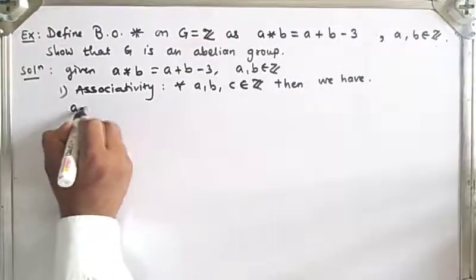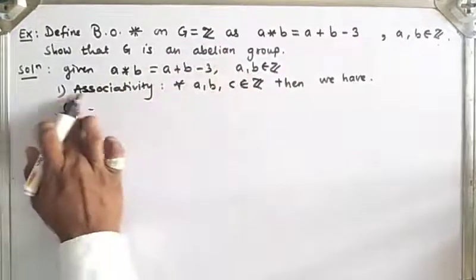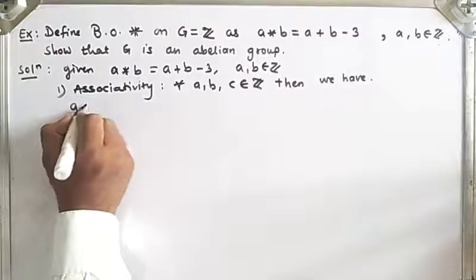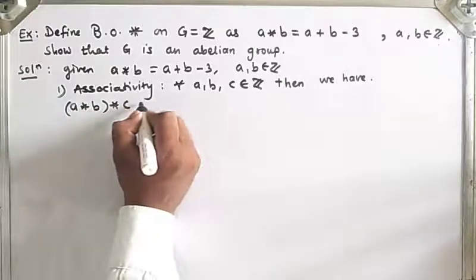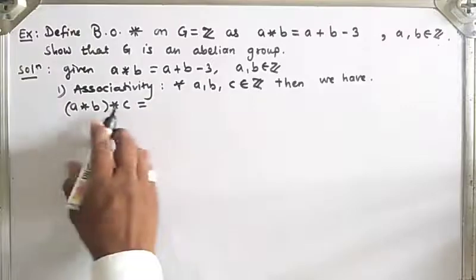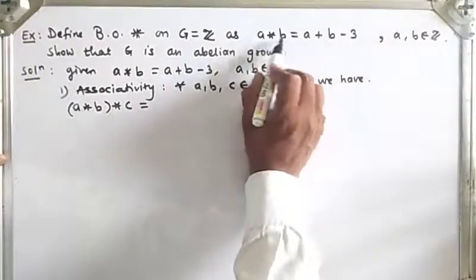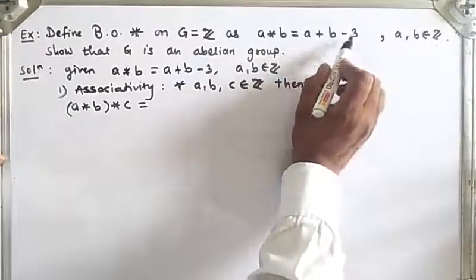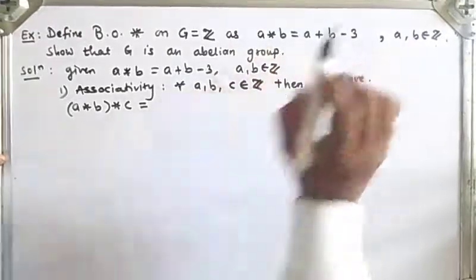Here the operation is star, so I will take (a star b) star c. We know that a star b has the value a plus b minus 3, meaning a star b is the addition of these two elements minus 3.